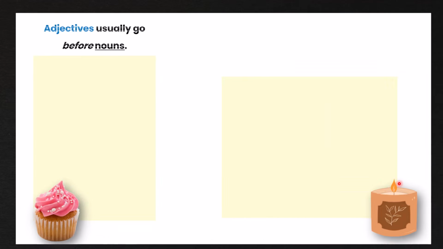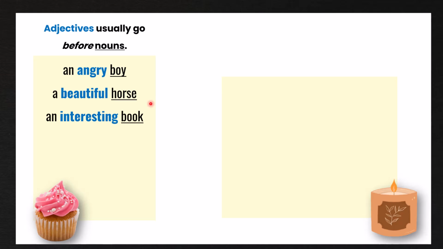So let's talk about some rules with adjectives. Adjectives usually go before nouns. For example, an angry boy, a beautiful horse, not a horse beautiful, an interesting book, a kind husband, a sweet cupcake.